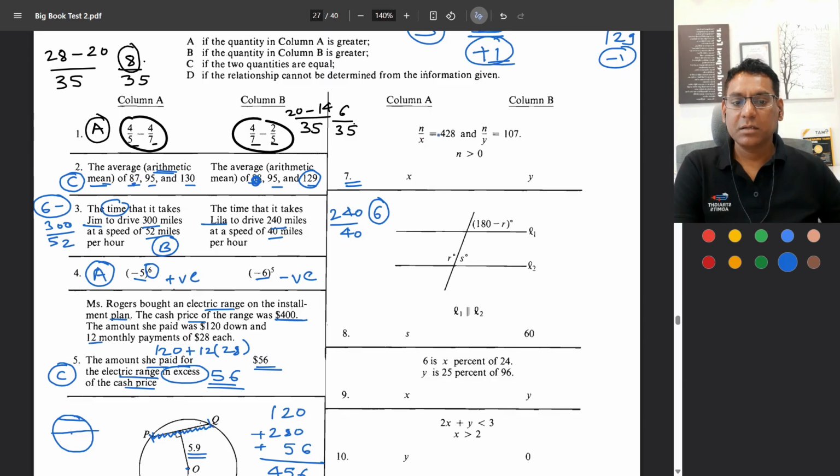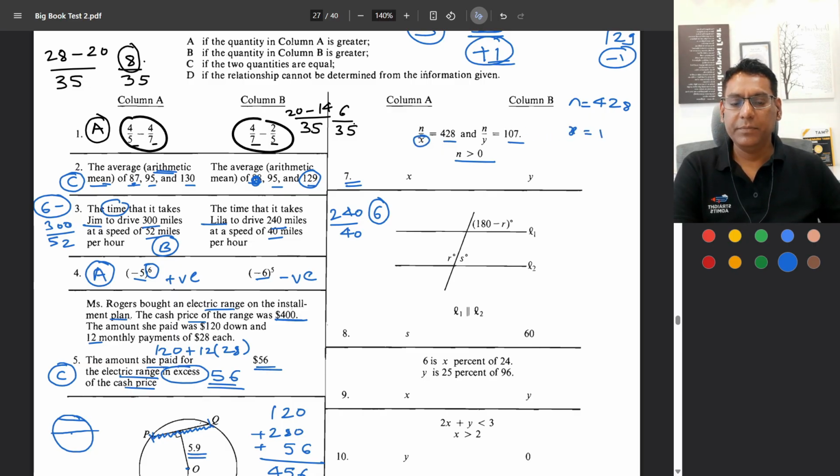n times x is equal to 428, n by x equal to 428, n by y is equal to 107. And n is a positive number. All right. So let's pick some numbers. Let's say n is equal to 428. Let's take simple. So x will have to be 1 in that case. Correct?